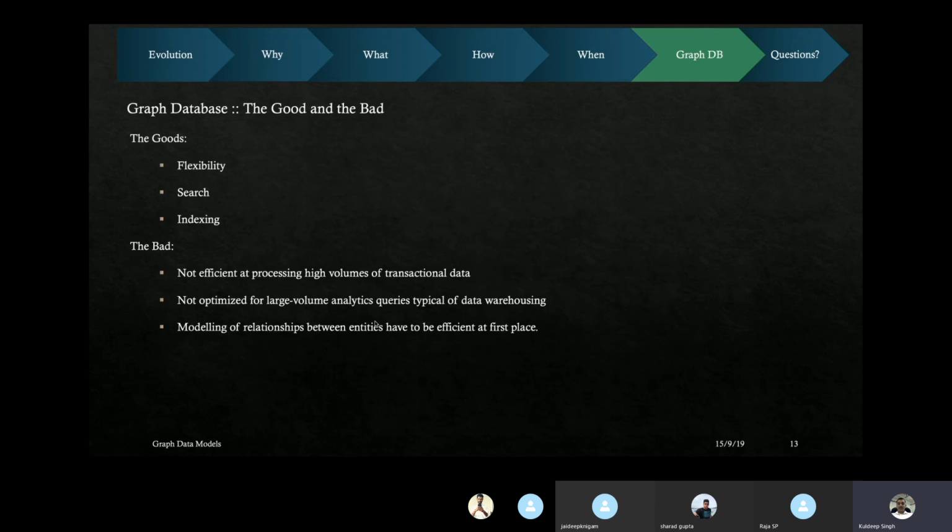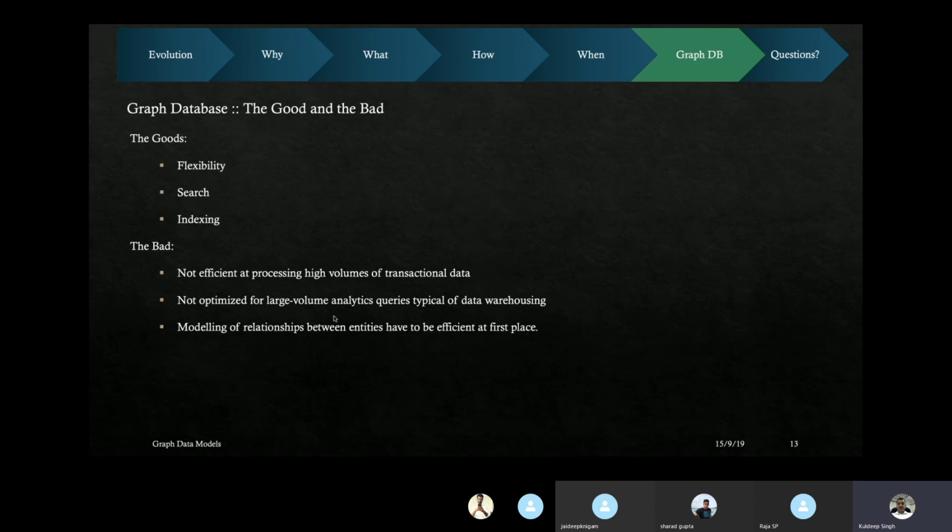Before going into that, we just need to quickly give you 2-3 points on the good side of the graph database and the bad side also. On the good side, we have seen flexible searching and indexing. In a graph database, the relationships are also indexed, so the performance on search and traversal is fast. The bad part is, as I said, processing high volumes of transaction data is not good to use a graph database for. Similarly, for large volumes of analytical queries.